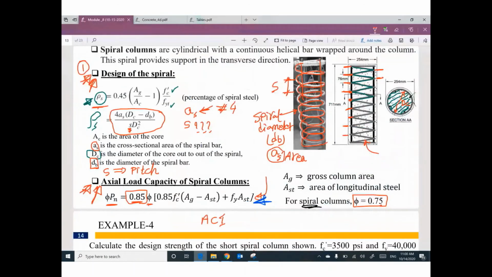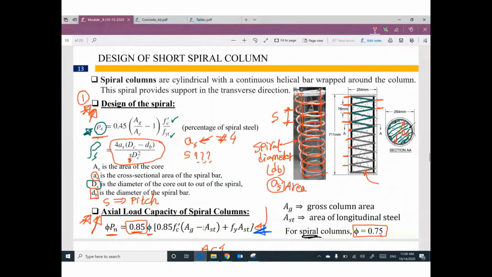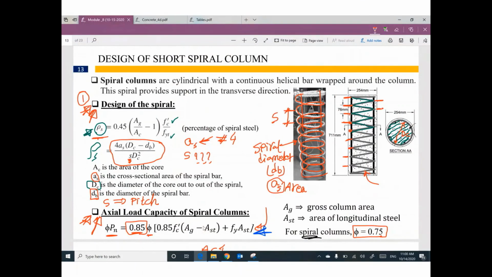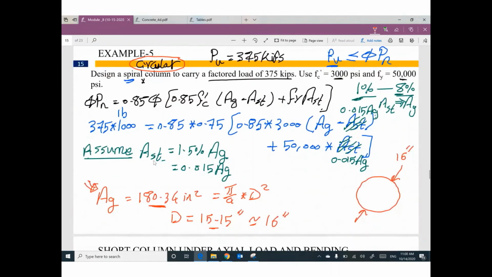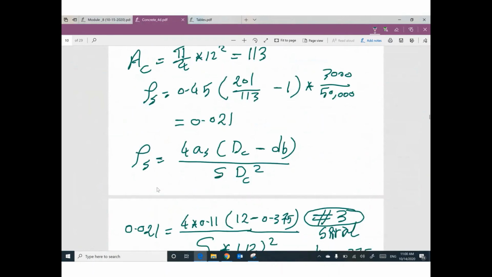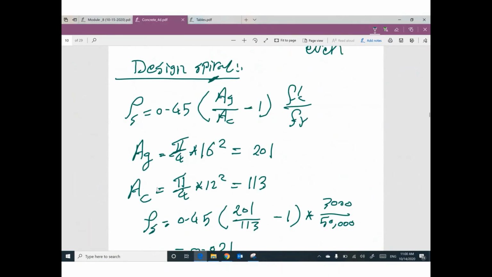So just to remind you, if you are designing a spiral column, you need to design a spiral, and then you need to design the column itself. Which one is first? It's up to you. For my example, I started with the design of the column itself, then I designed the spiral. If you would like to start with the spiral, that's fine.